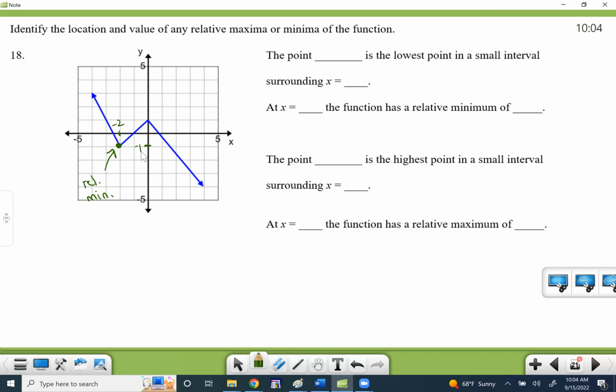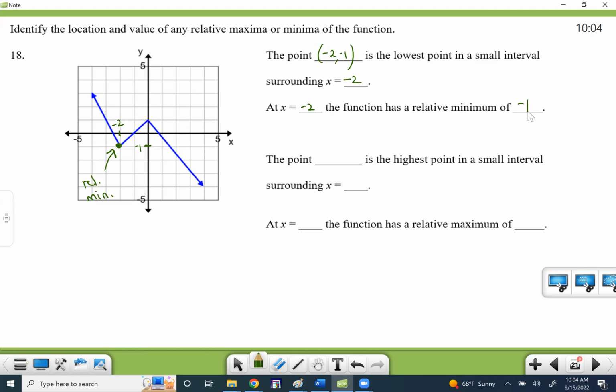A point is an X comma Y, so the point (-2, -1) is the lowest point in a small interval surrounding X equals -2. So at X equals -2, the function has a relative minimum of, and I told you, when I ask you for a relative minimum, give me only the Y value.